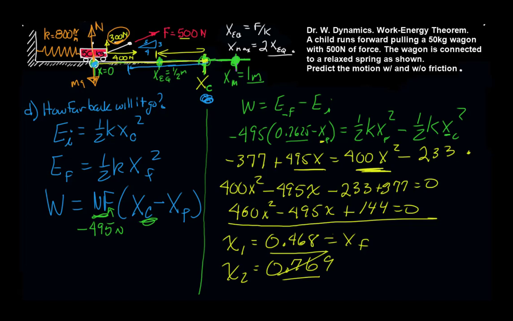Looking at our diagram up here, it slides back and it comes just a bit past here at 0.468, just below the half. And again, we can ask the question, will it stay? Quick free body diagram, we're pulling forward with 400. We have a spring force here of kx, which will be 800 times 0.468, which is 375.